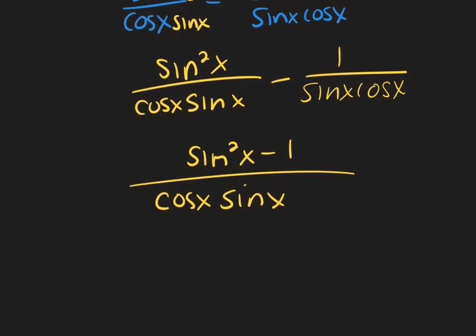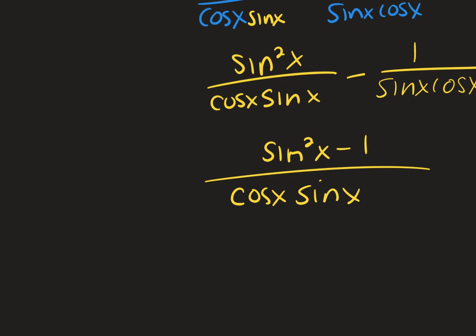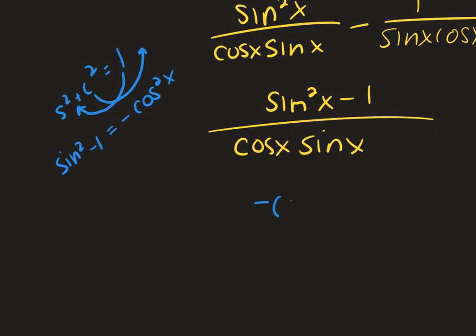And sine squared x minus 1 is from my identities. Sine squared plus cosine squared equals 1. So if I bring the negative over here, the 1 over here, and I do sine squared minus 1, then I have to bring the cosine to the other side, making it negative cosine. So I get negative cosine squared x, and I think that's probably the most common mistake people make, is keeping it positive.